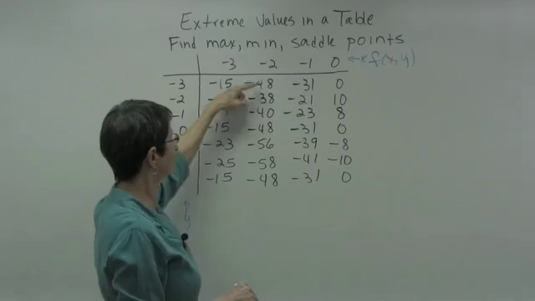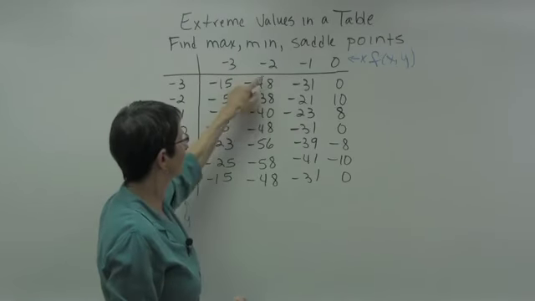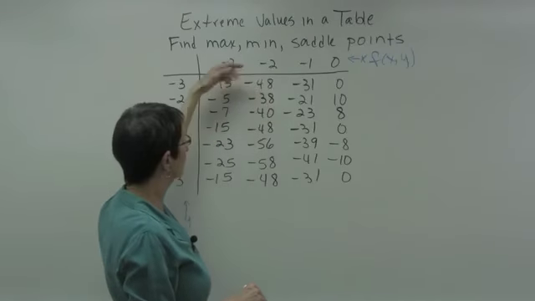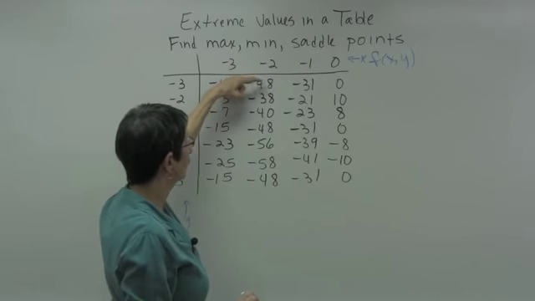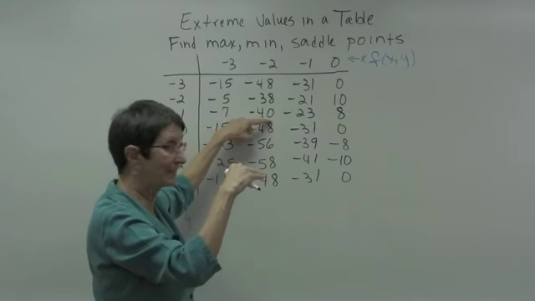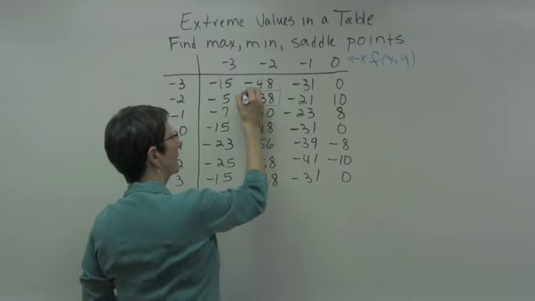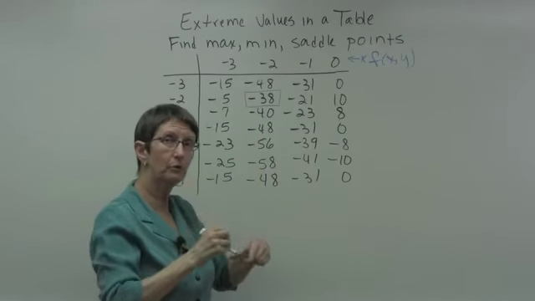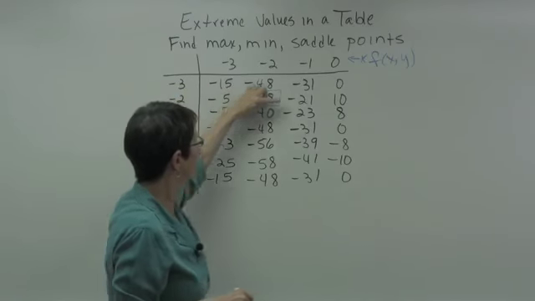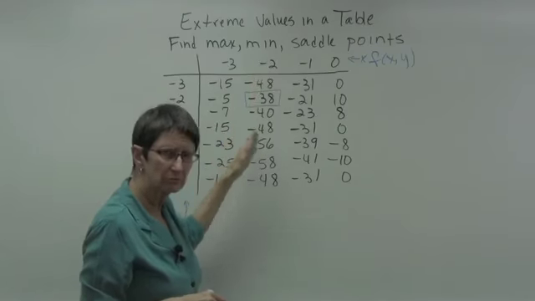Well, let's look at this little bit of a column right here. When I went across, these were the low values. If I go up and down this column, I have negative 48, and then negative 38 is a little higher, and then negative 40 is dropping again. So it looks like this point right here might be a minimum in this direction and a maximum in this direction.